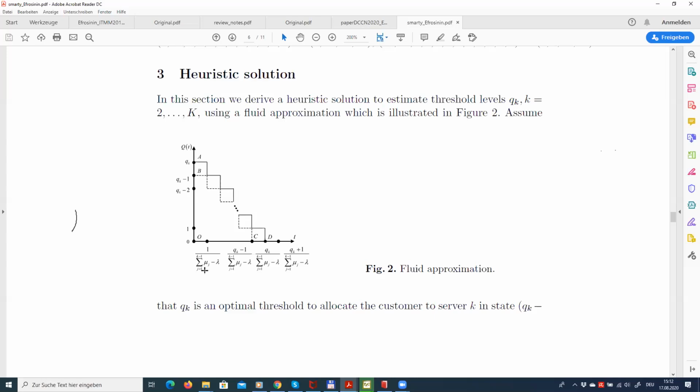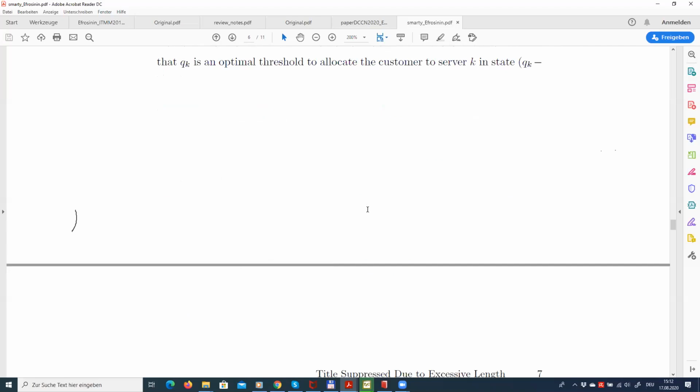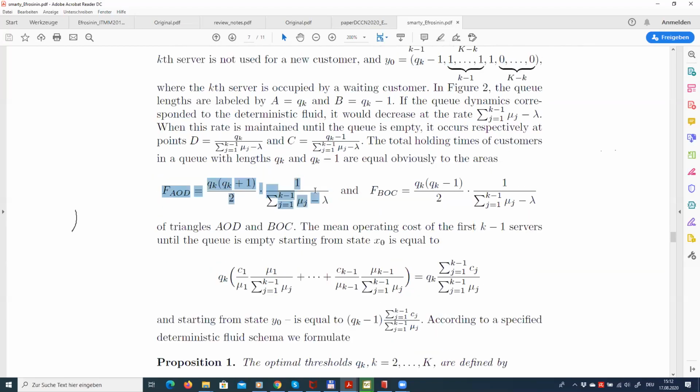Okay, and when this rate is maintained until the queue is empty, it occurs respectively in points D and C. This is the time required to make the corresponding queues empty. And the total holding times of customers in a queue with lengths qk and qk-1 are equal, obviously, to the areas of these triangles AOD and BOC. And this can be written in this way.